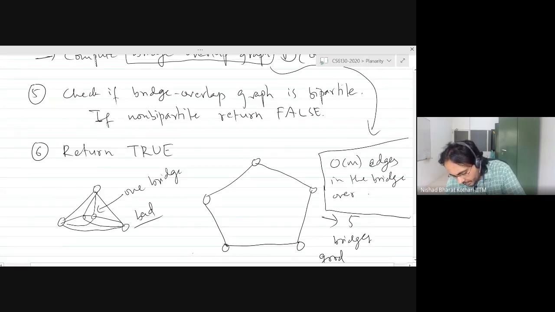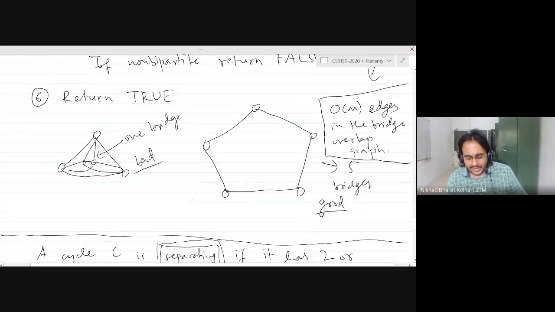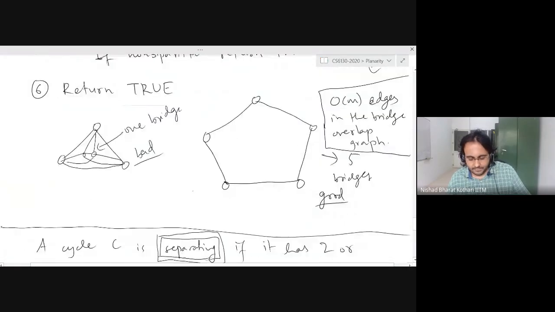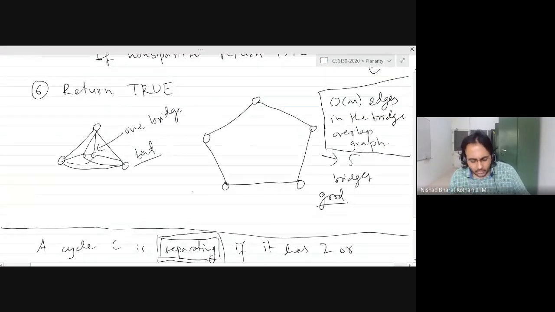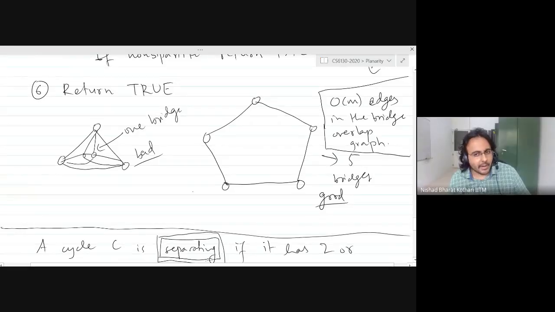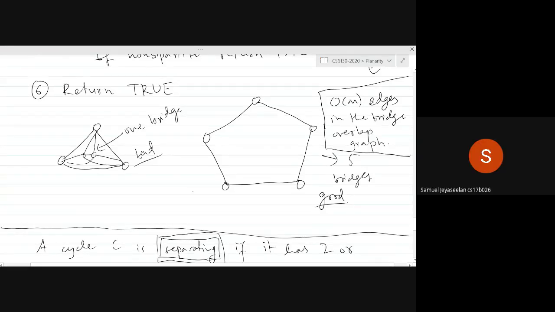Can somebody give me a quick example of a graph and a cycle where basically every single edge becomes a chord of the cycle? We already looked at one example. A complete graph, yes.